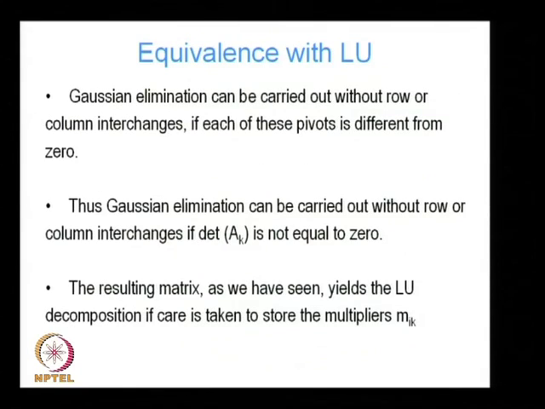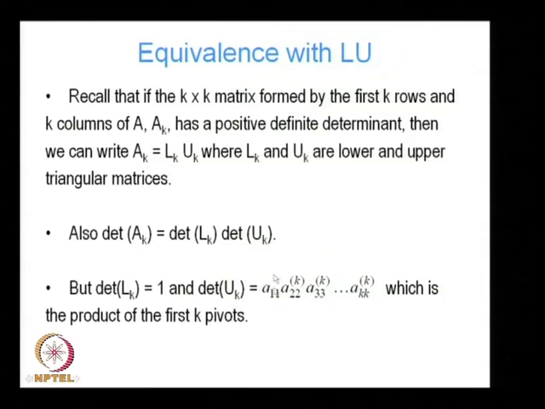So, Gaussian elimination can be carried out without row or column interchanges if each of those pivots is different from 0. Basically, if each of these pivots is different from 0, then the determinant of U_k is going to be non-zero always. The determinant of A_k therefore is also going to be always non-zero, because the determinant of L_k is always going to be 1 and the determinant of U_k is always going to be positive.